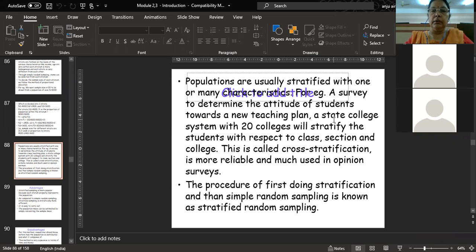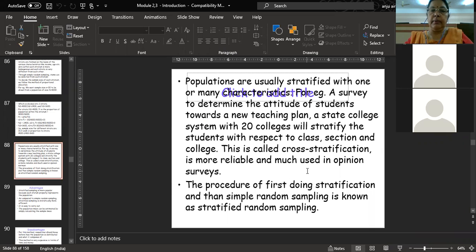So you take the colleges, which is a population of 20 colleges, and then you stratify those colleges, the students in those colleges, you stratify it into different groups on the basis of maybe class, section, or on the basis of college itself. So then from each stratum, you draw the sample which is proportionate to the population. So this is called cross stratification.